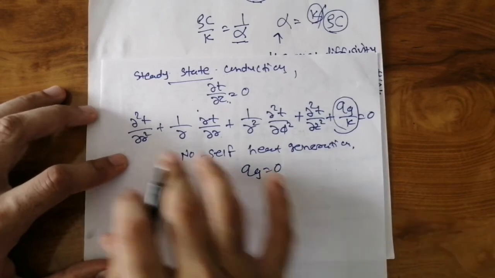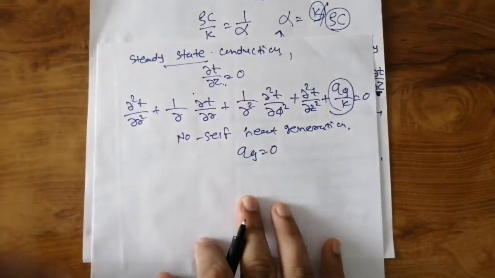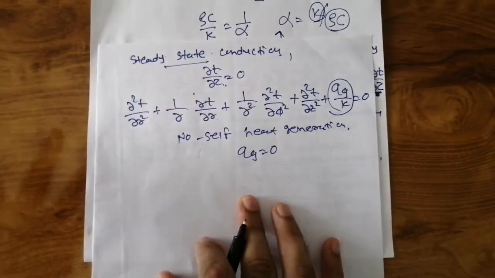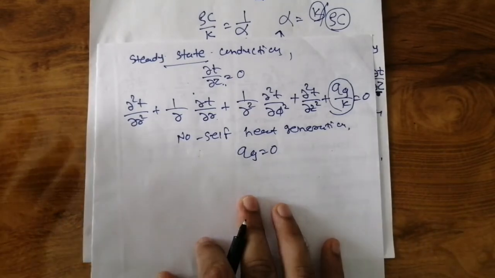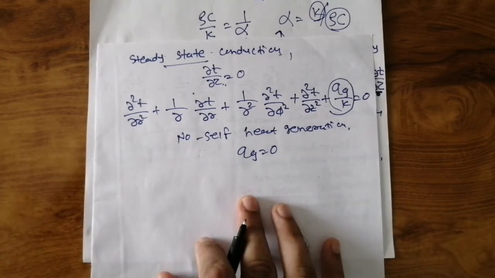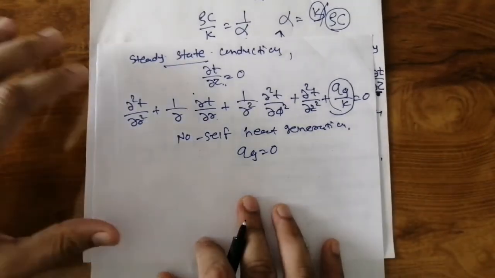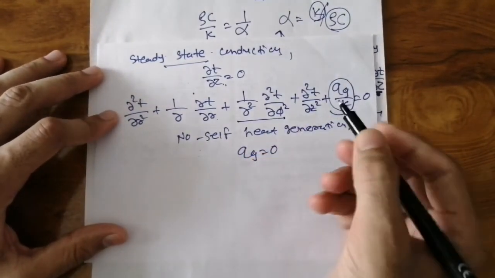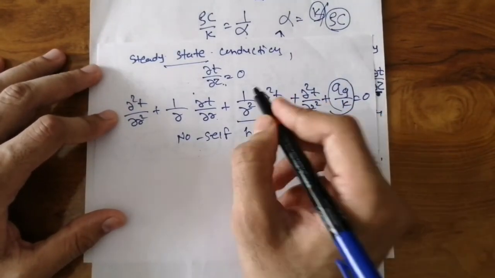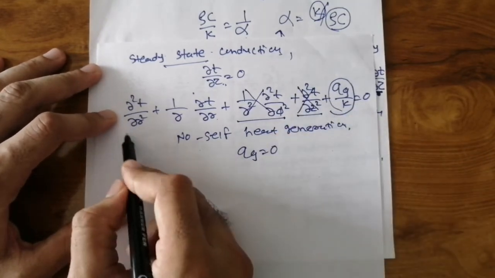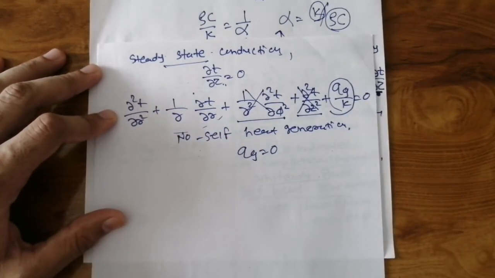Suppose the equation is reduced to one dimension. We derived it for three dimensions, considering radial, tangential and axial directions. But if the equation is in only one dimension, we only consider the radial direction, so the tangential and axial terms cancel out.